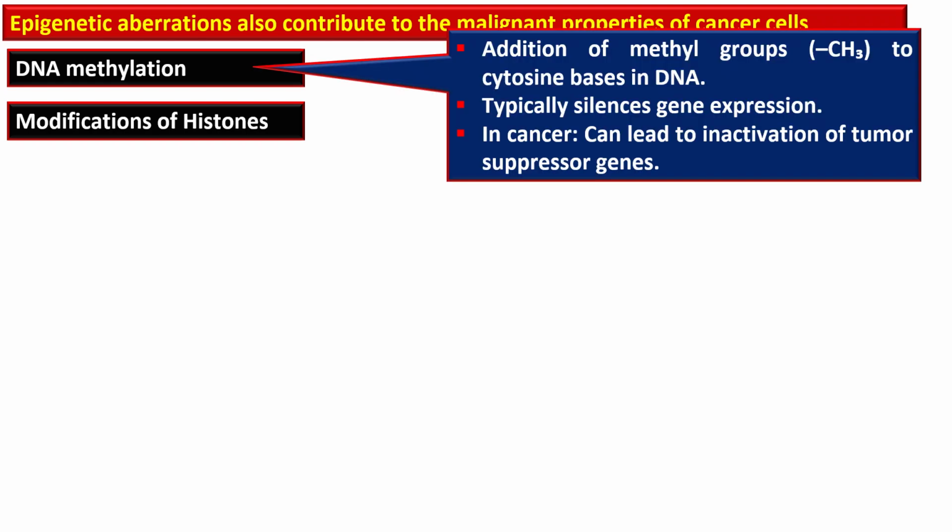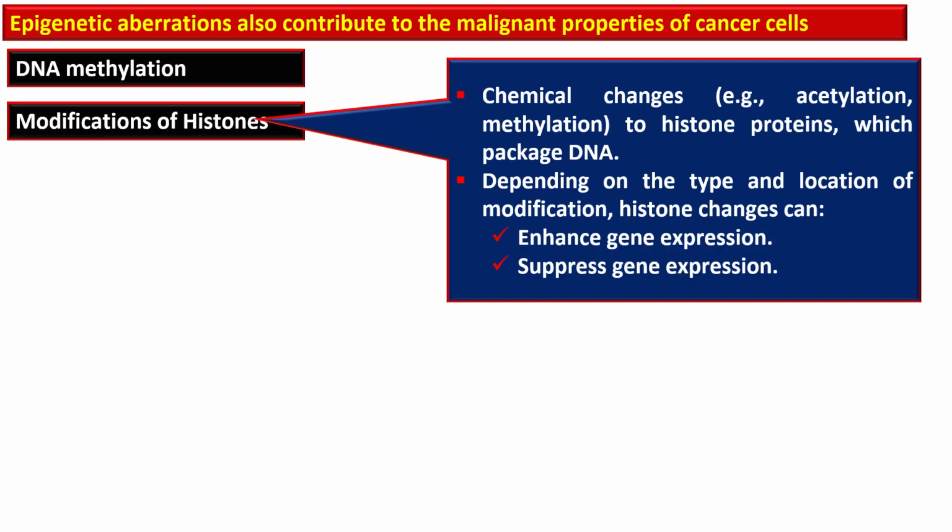Addition of a methyl group to cytosine base in DNA is DNA methylation, which typically silences gene expression. In cancer, it can lead to inactivation of tumor suppressor genes, while histone modification is the chemical change, acetylation or methylation, to histone protein, which packages DNA.